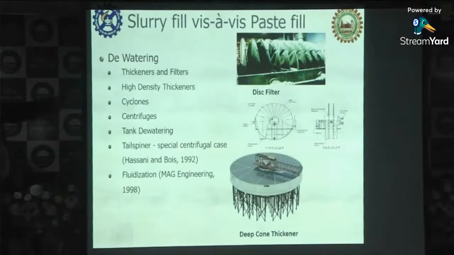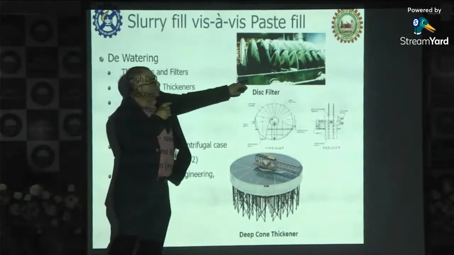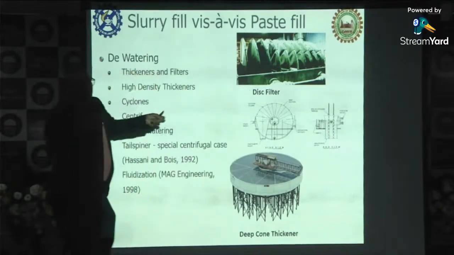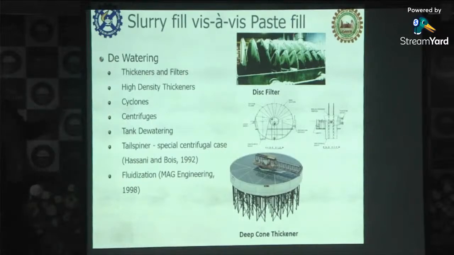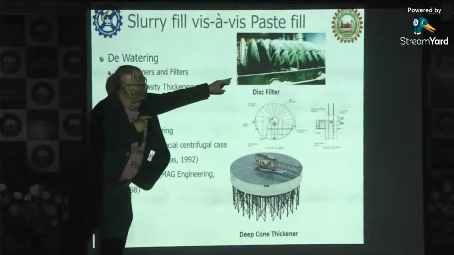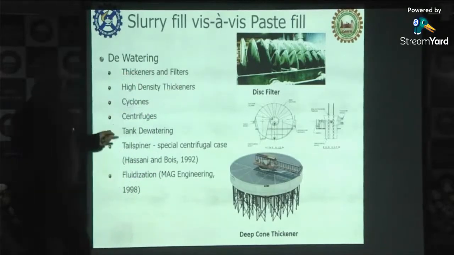Disc filters work on the principle of alternate suction and blowing. Paste materials are placed inside here, having a concentration of 60 to 70, and the disc rotates. When the disc is at the lower portion, where half of the trough is filled, there is a suction.